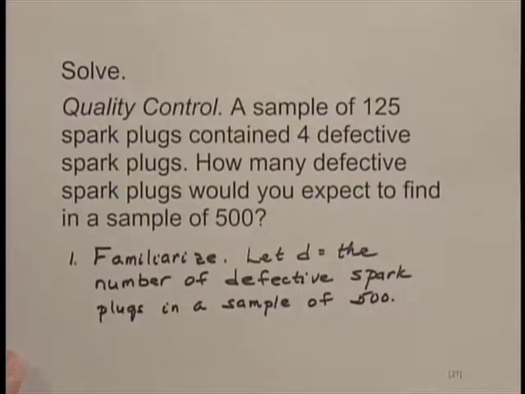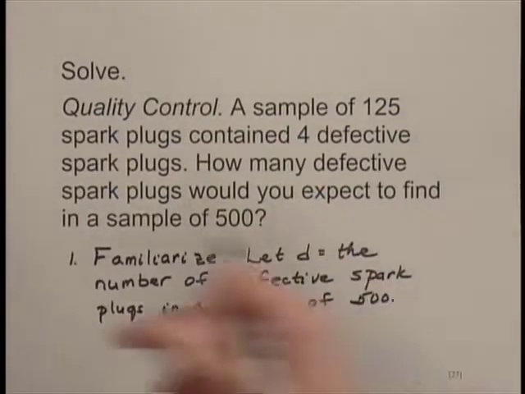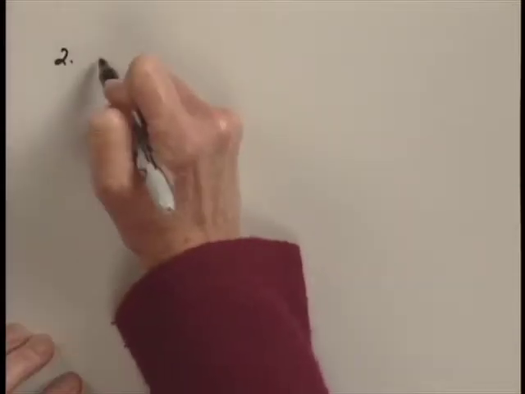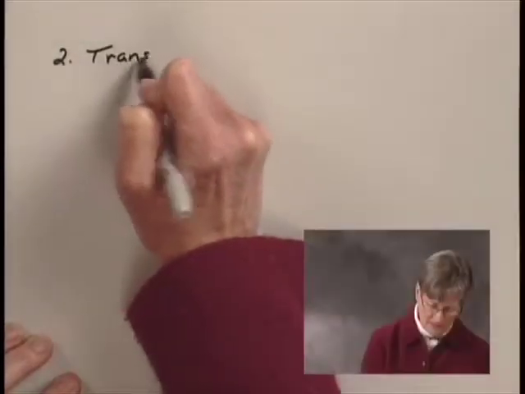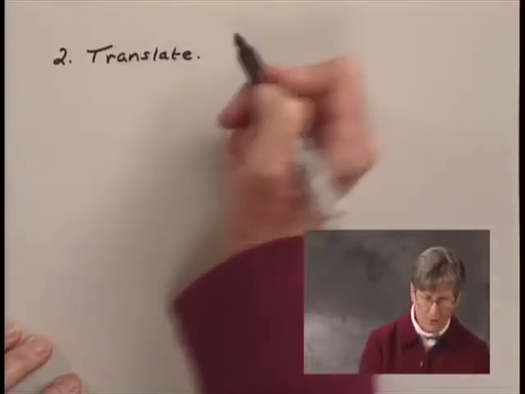Now that we have a variable assigned and we've familiarized ourselves with the problem, we can go to the second step, which is to translate. And in this case, we can translate to a proportion.